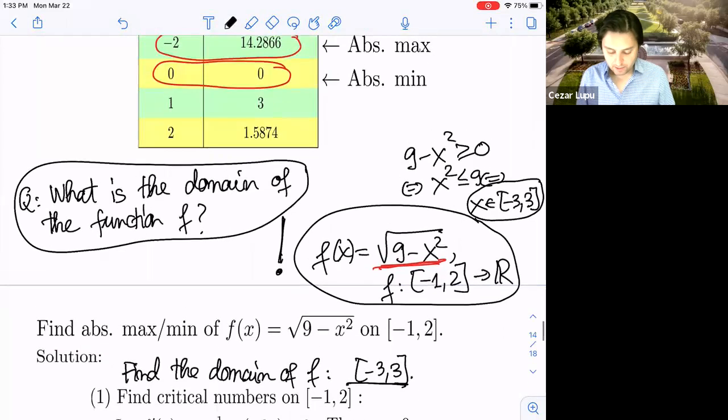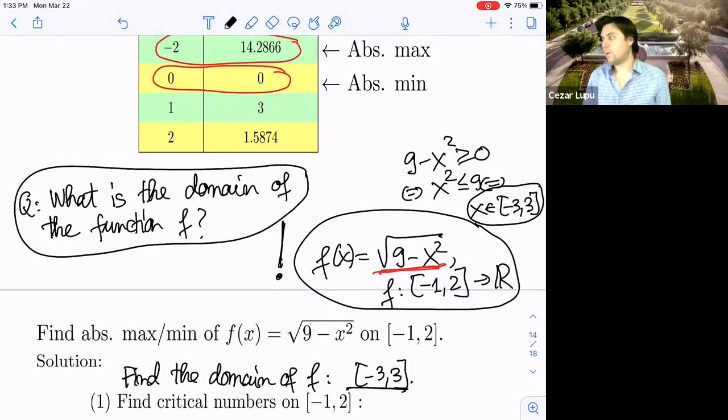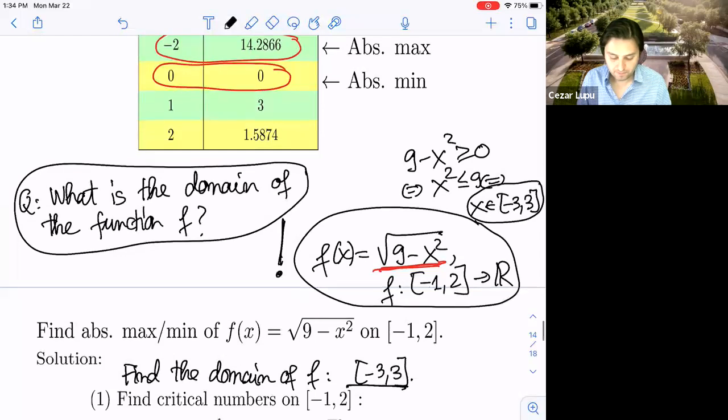Okay, great. So we will find the critical numbers. Actually, yeah, the domain is -3 to 3, the large domain.